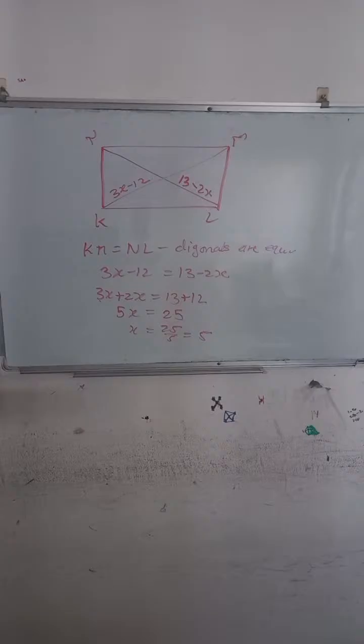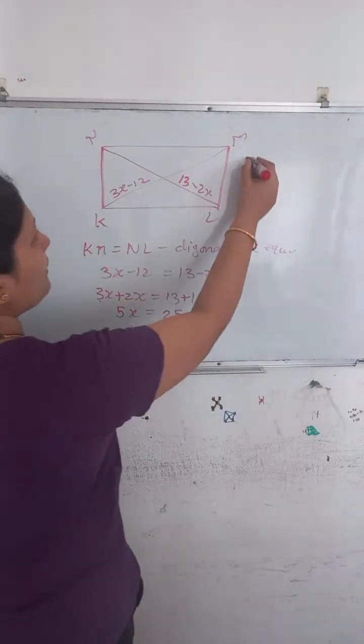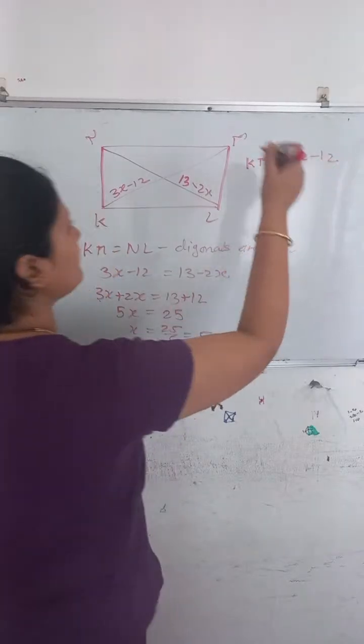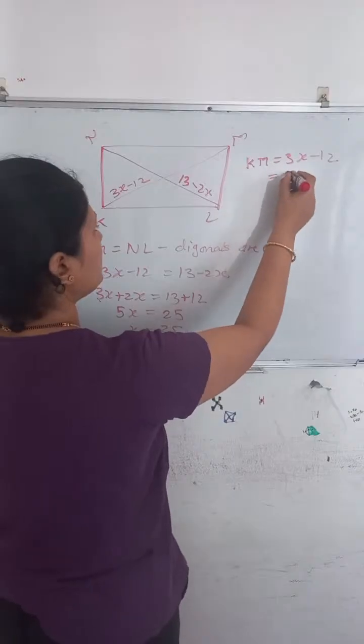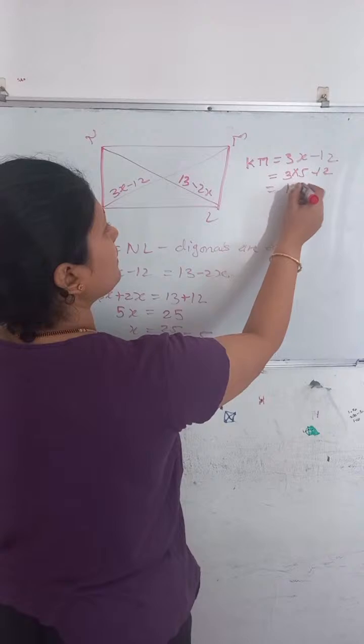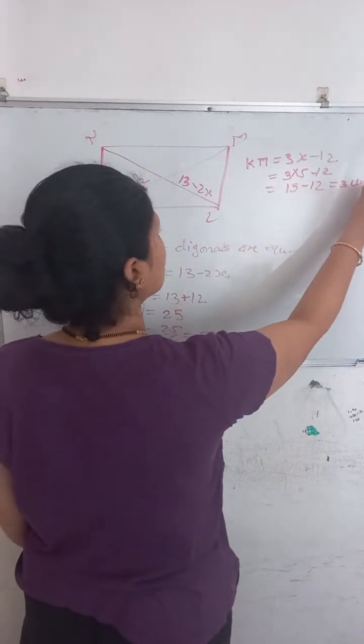But they are asking the diagonal length, meaning the length of KM. The length of KM is 3x minus 12. So here 3 into 5 minus 12. 3 fives are 15, minus 12 is equal to 3 units.